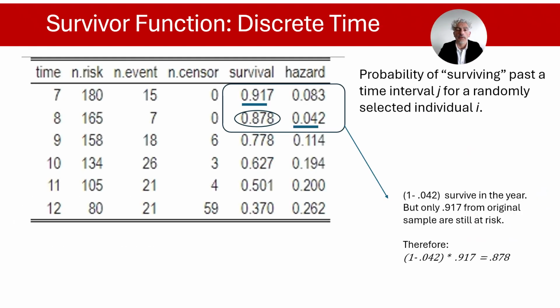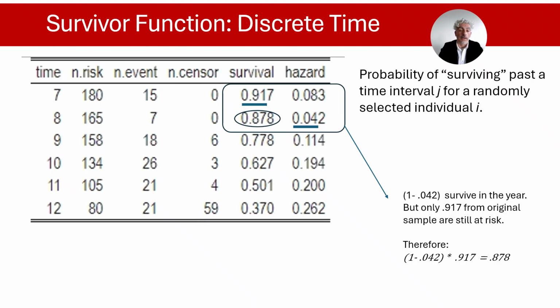I will come back to the hazard function with a practical example. But for now, I also wanted to remind you about another important statistic in survival analysis, the survivor function. The survivor function is the probability that a randomly selected participant will survive past an interval j.